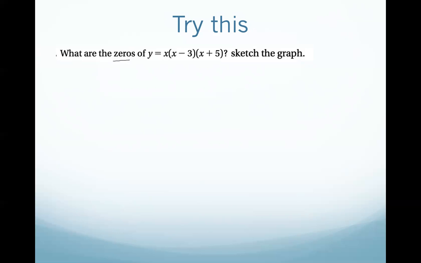Now, there's a factor here that often gets overlooked because there's not a number being added or subtracted to it. This x in front is its own factor. So I'm going to rewrite this here. y equals x times x minus 3 times x plus 5. And I'd like you to try going through the same process that we just did on the last example, and then I will walk you through this process after you put in an answer to Edpuzzle.